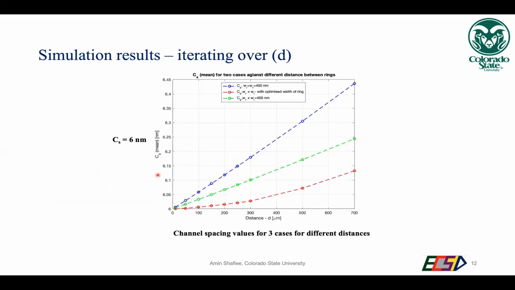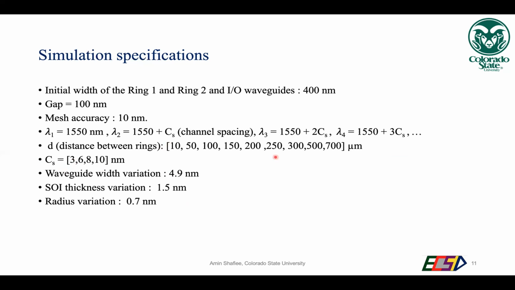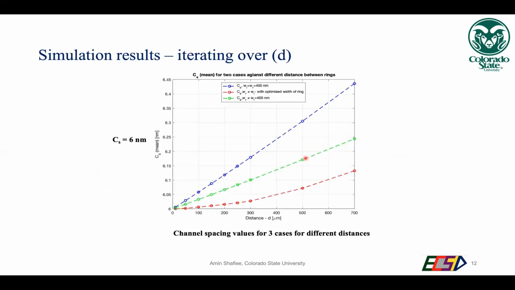These are the results for the channel spacing of 6 nanometer when we iterate through the distances from 10 to 700 micrometer. We can see that for the conventional case, where the widths of the input waveguide and the rings are the same at 400 nanometer, as we increase the distance, the variation in channel spacing increases linearly.